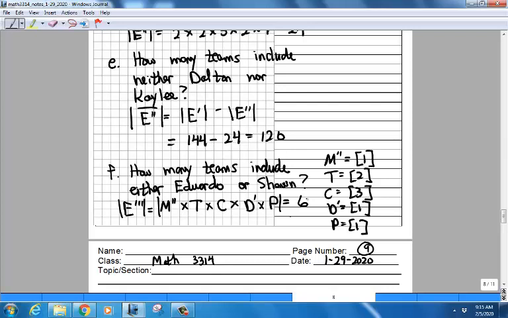Okay, so what do y'all suggest? We have to have 3 different instances. Yeah, Sean, number 2 there. Shouldn't we change it to replace the d prime with just d, and then add m prime times t times c times d prime times p, and then subtract what's up there?